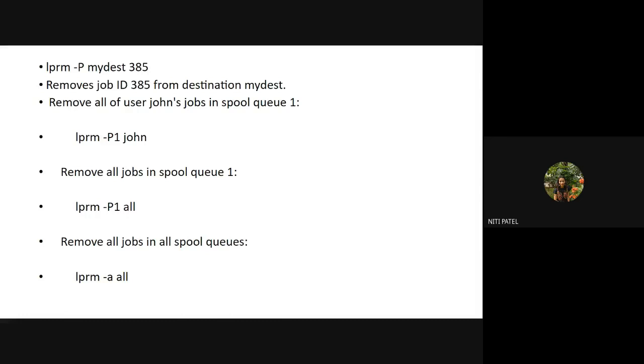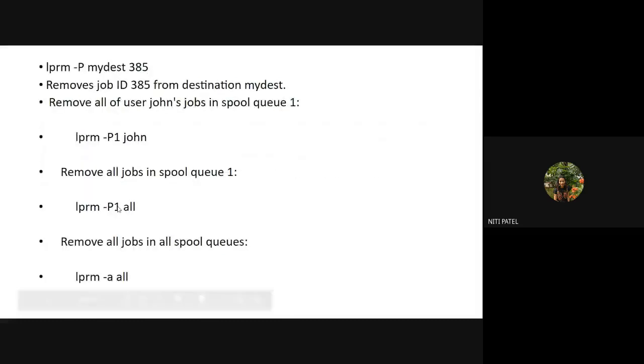Okay. Then next, if I want to remove all the jobs in the spool Q1, that means if I want to delete all the files submitted to printer number 1, what I do is lprm -P1 all. What does this mean? It will remove all the files given for printing on printer number 1. Okay.